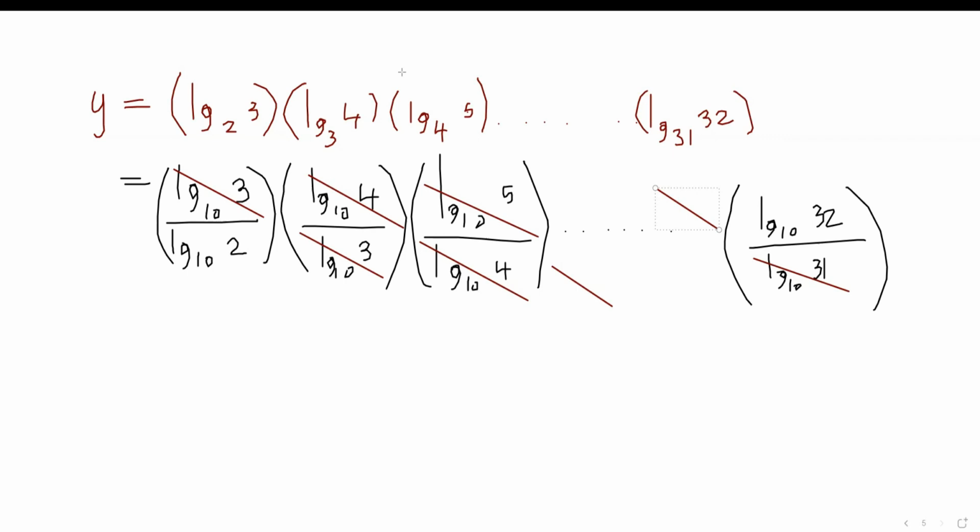So what we end up left with is that y is going to work out to be, all of them cancel, left in the numerator log to base 10 of 32, divided by log to base 10 of 2. Log to base 10 of 32, which is just log 32 over log 2.